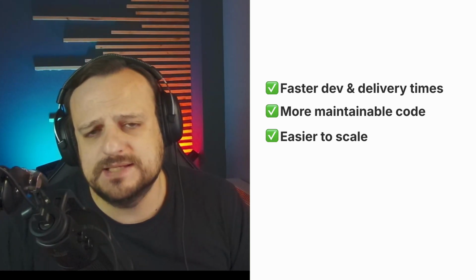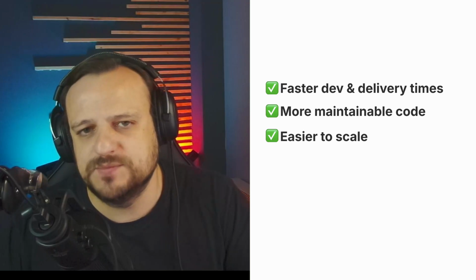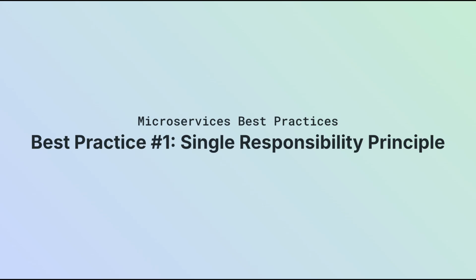Now, let's look at some of the best practices when it comes to creating your own architecture around microservices. The first one is probably one of the most important ones when it comes to defining the architecture and defining the limits of each microservice.